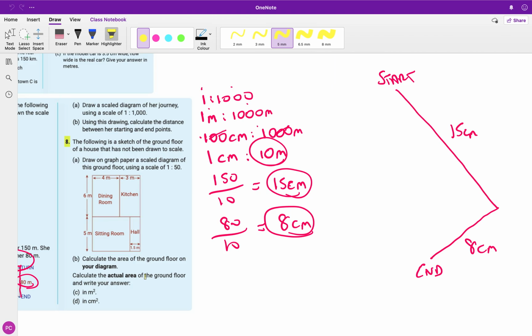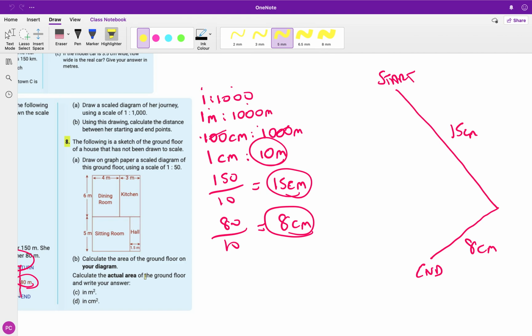Okay, the second part we actually can do. The second part is: use this drawing to calculate the distance between her start and end point. So if we have 17 centimetres on the diagram, that is going to be 170 metres.